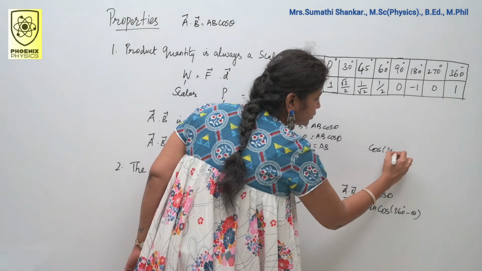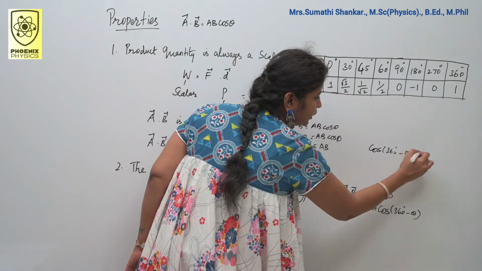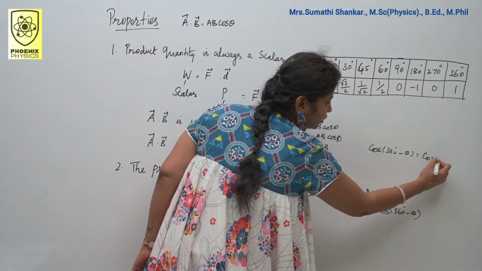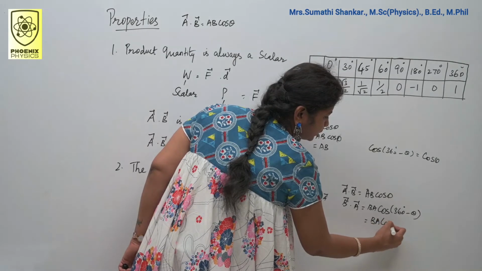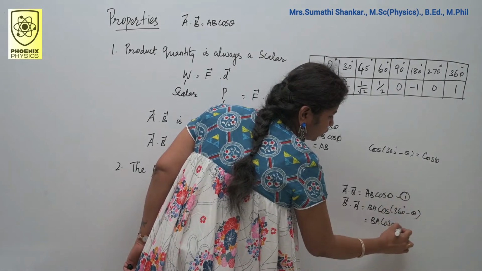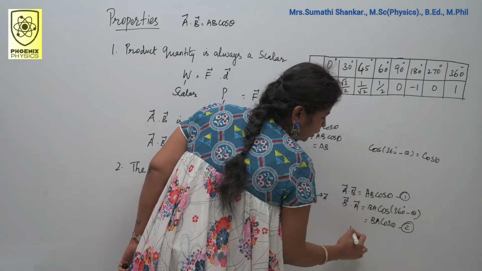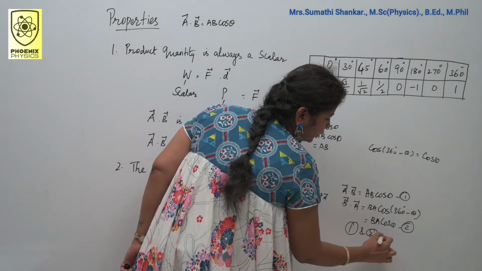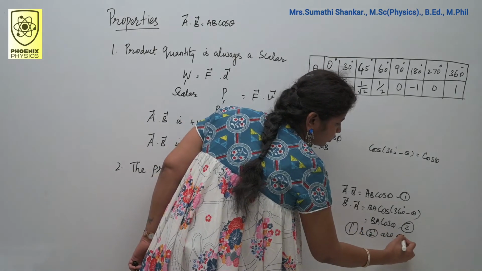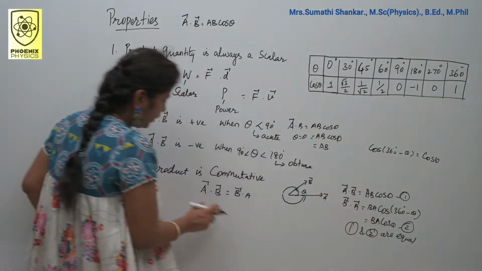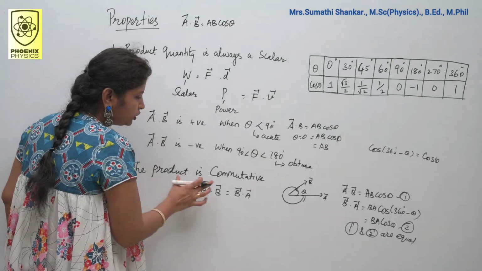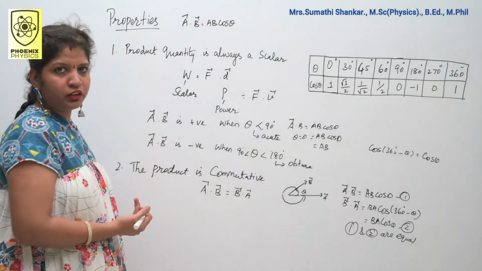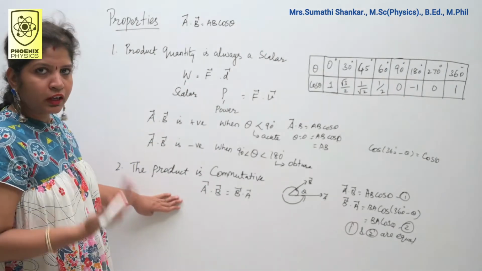Cos of 360 degrees minus theta is nothing but cos theta. So substituting, BA cos theta. Equations 1 and 2 are equal, so we can say A dot B is equal to B dot A. So the product is commutative. This is our second property.